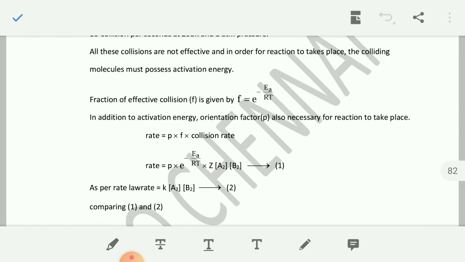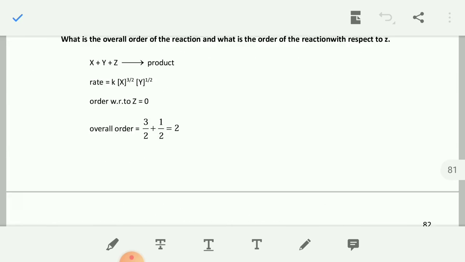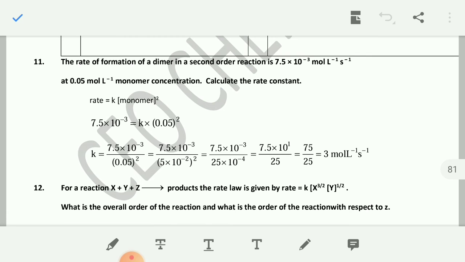Okay. Then question number 11. The rate of formation of a dimer in a second order reaction is 7.5 into 10^-3 mol L^-1 s^-1 at 0.05 mol/L monomer concentration. Calculate the rate constant. Rate = k [monomer]^2.